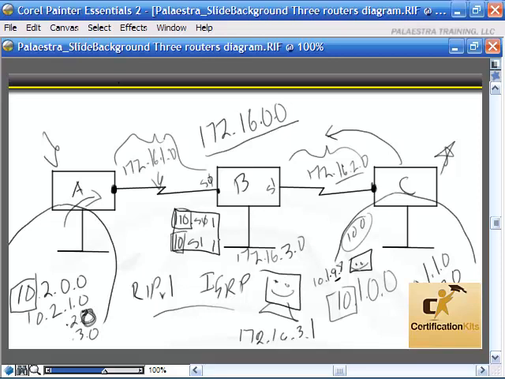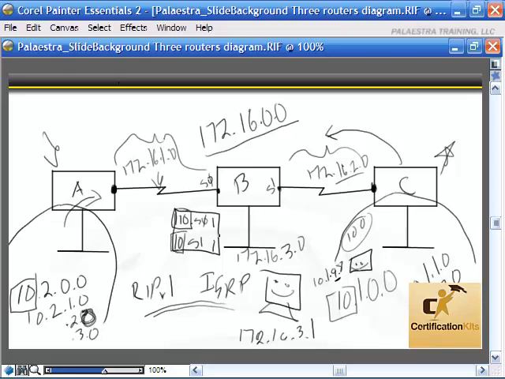So he thinks he's one hop away from network 10 out of either interface. He doesn't know that there's a 10.1 network and a 10.2 network because A and C, since they're running RIP version 1 or IGRP, they summarize the 10 network and just send out the 10. No subnets attached with the class A subnet mask.